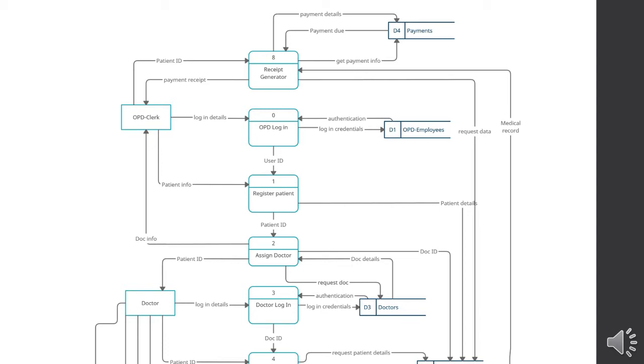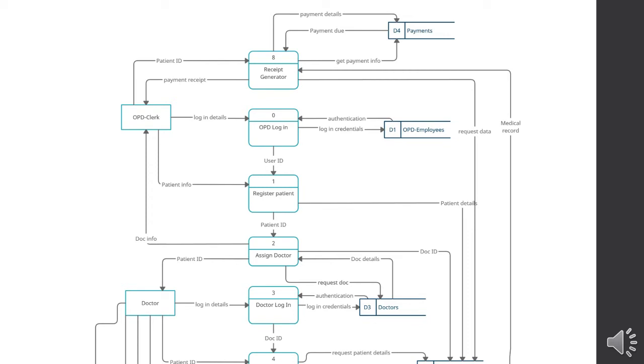When the patient is already registered, they will be assigned a doctor, and that process will give the doctor info back to the clerk, and then it will be sent to the doctor data store and patient data store, and the doctor data store will send back the details, and that process will send the patient ID to the doctor.